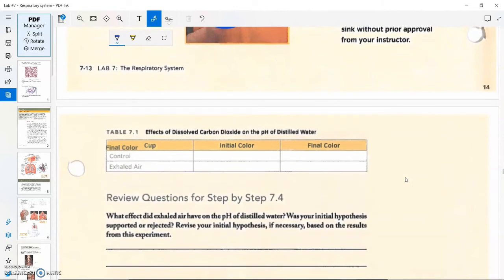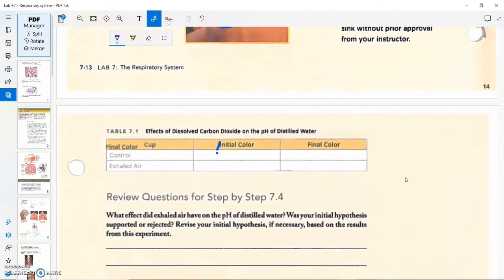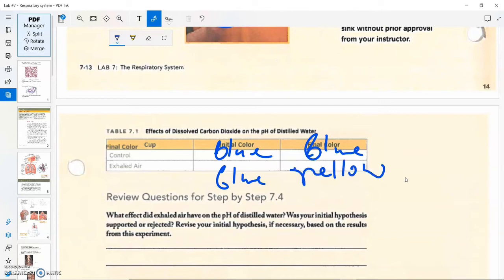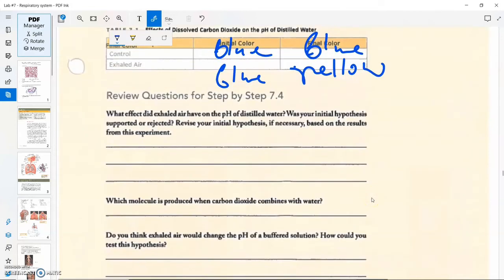And no wonder, initially both cups were blue, and the control cup remained blue, but the exhaled air cup turned yellow. So exhaled air reduced the pH of distilled water, made it more acidic.